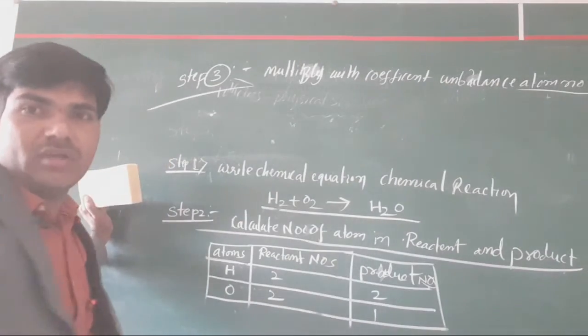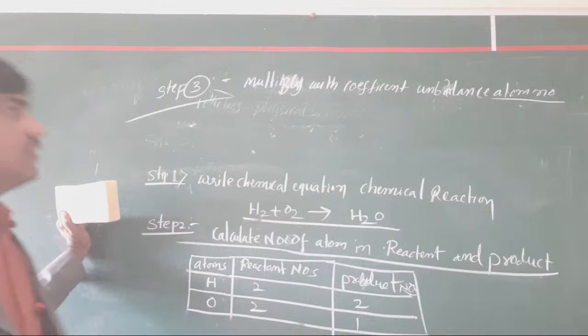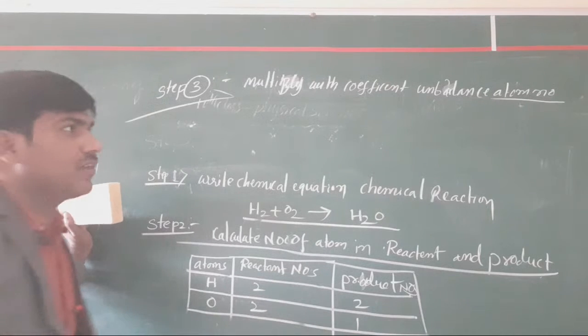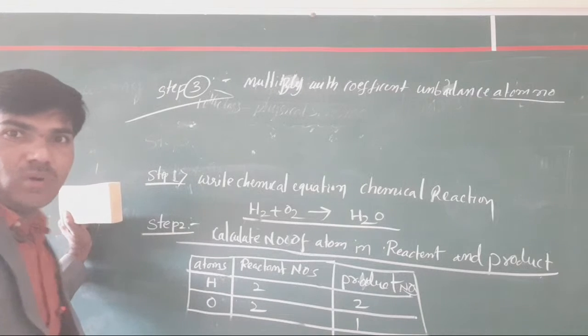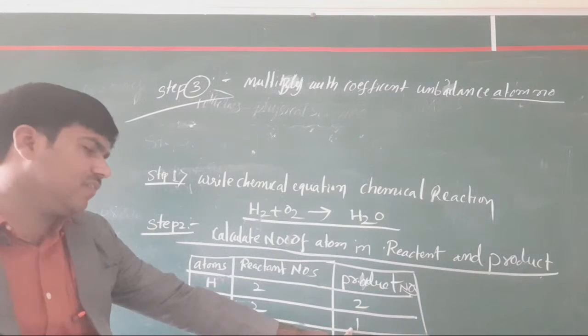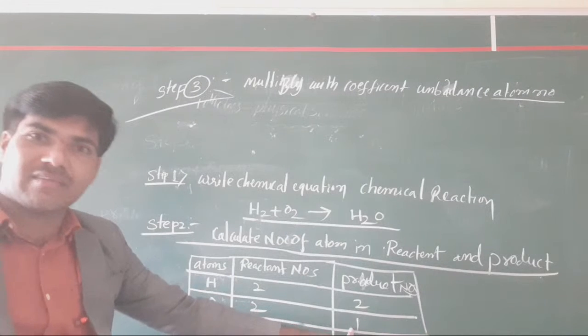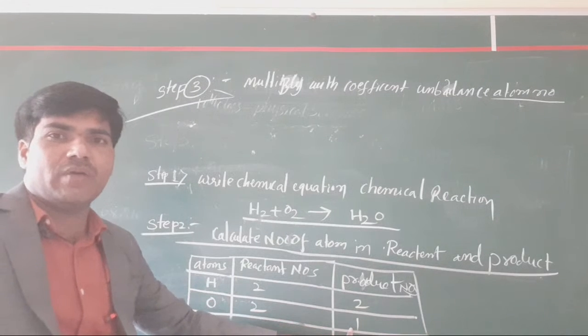Understood or not, all the students? I hope you understood. What do we consider in the third step? Multiply with the coefficient of the unbalanced atom number. Here, what is unbalanced? These oxygens are unbalanced. Clear or not, all of you?